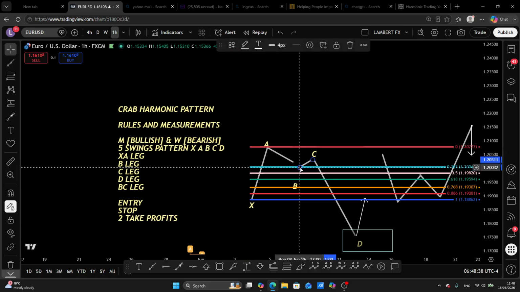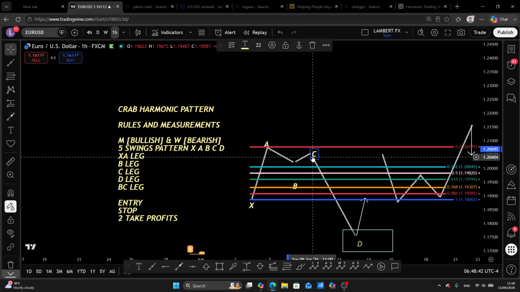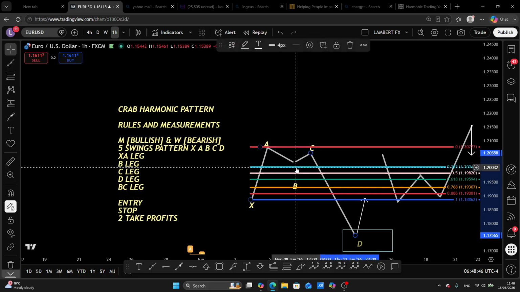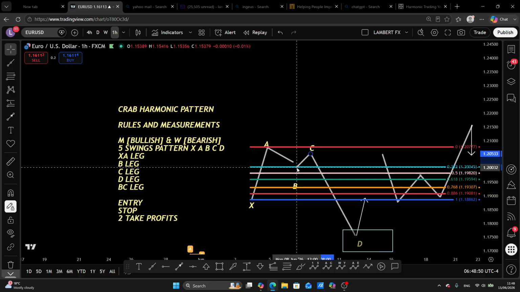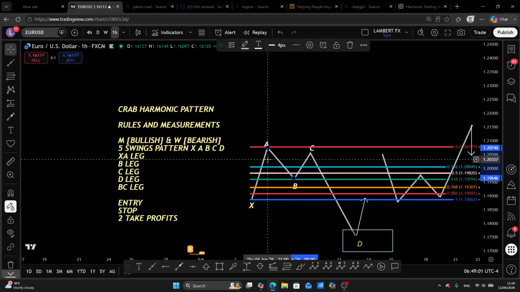Something like this is not a valid harmonic pattern, because there's no touch on the 382. So it must touch 382. It can touch 0.5 and 0.618, but must not touch 0.768. All right, I hope that is clear. So that's the B measurement.